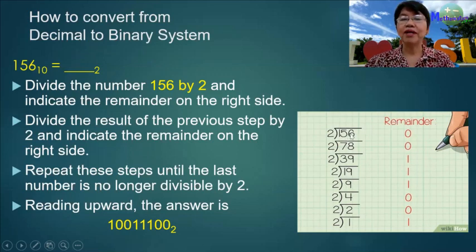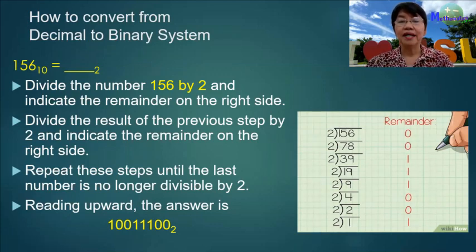So we have 156 divided by 2, and then there is no remainder. So you get 78 and continue the division until you get a number which is no longer divisible by 2, or you have a 0 remainder.